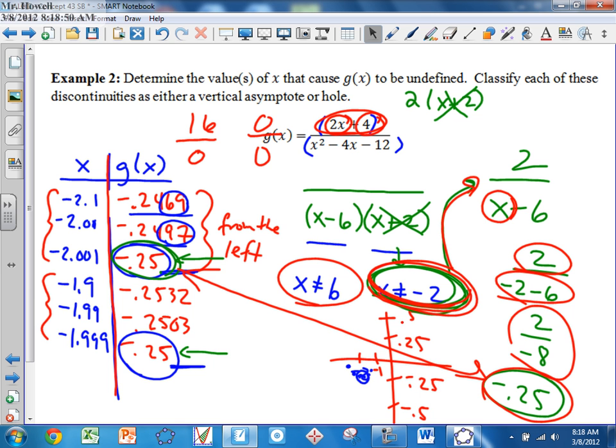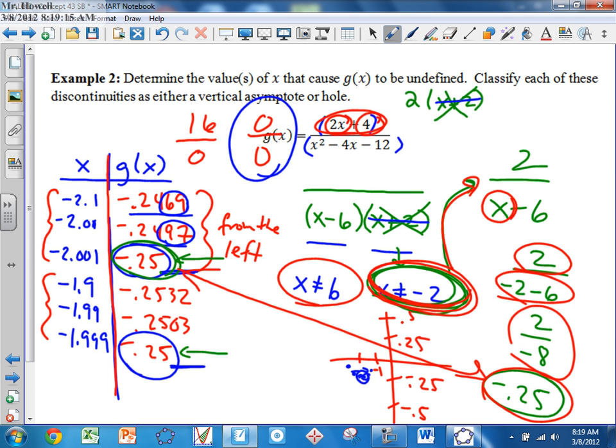So when you get 0 over 0, that's what also caused the hole. Again, we said that if we have a factor and they cancel, we have a hole. But now I'm also telling you that if we get 0 over 0 and we plug it back in, that's also an indication of a hole.